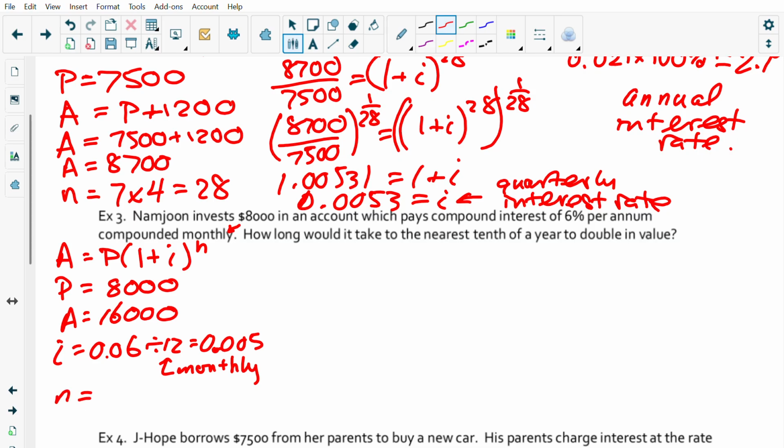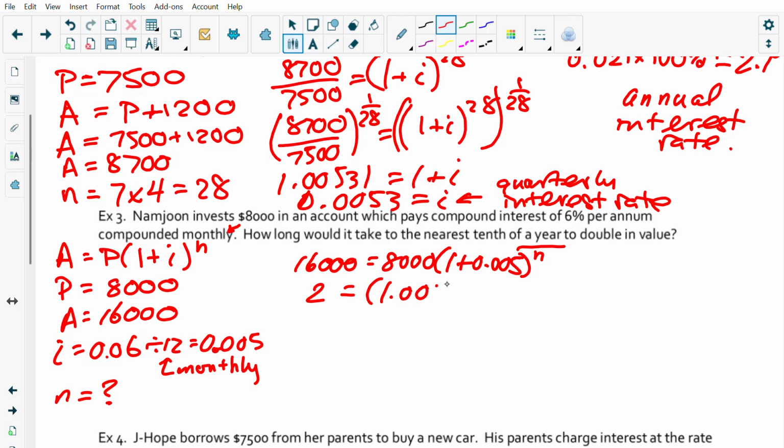I don't know the number of compounding periods because I don't know the number of years. We're looking for that. How long would it take? So that's what I'm solving for. So 16,000 equals 8,000 times 1 plus 0.005 raised to exponent n. So I'm going to divide 16,000 by 8,000. That's 2 equals 1.005 raised to exponent n.